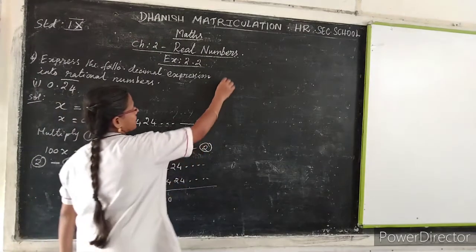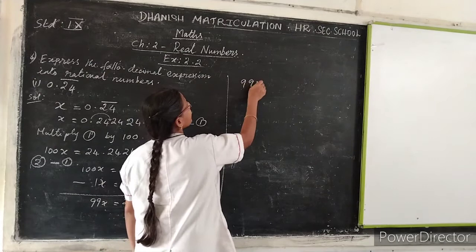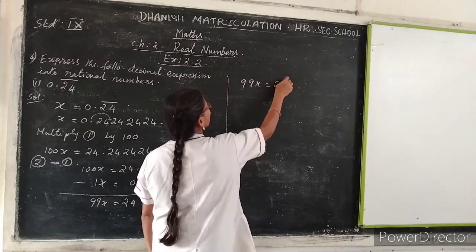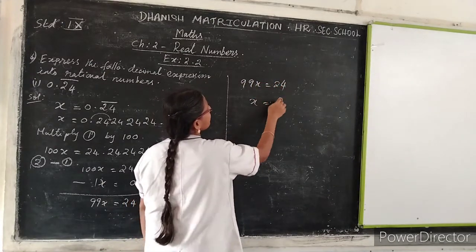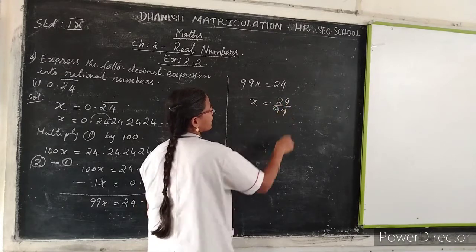So 99x is equal to 24. Therefore x is equal to 24 divided by 99.